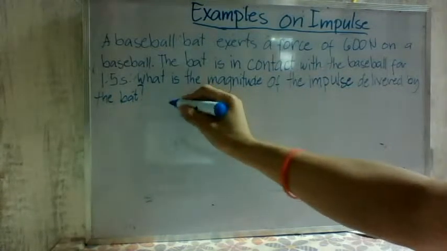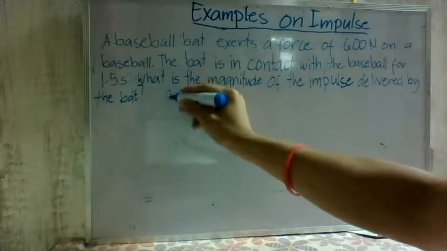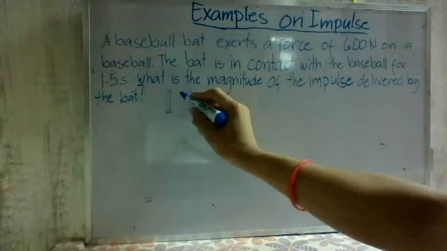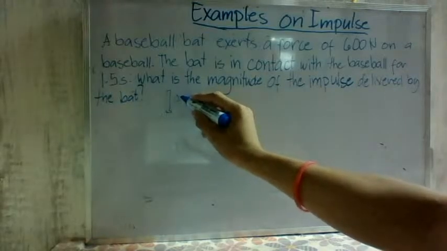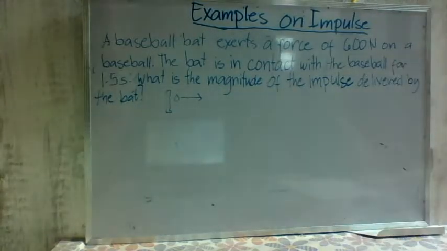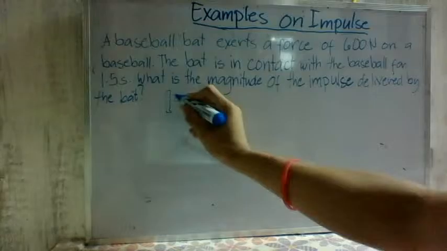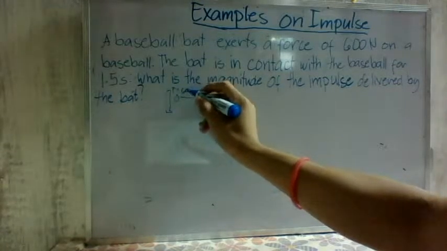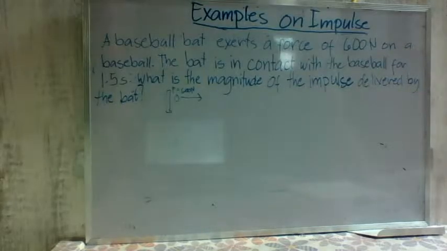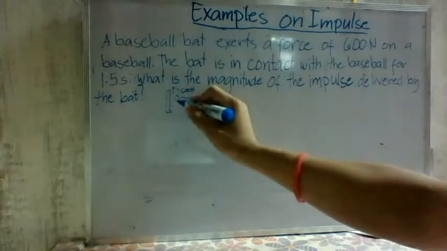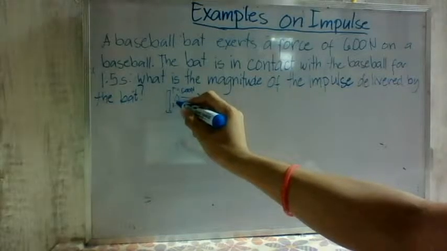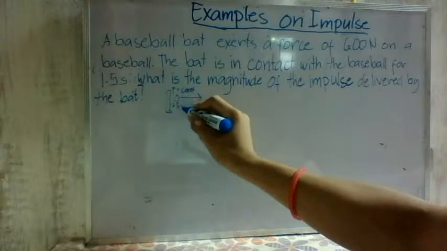So, natay bat, baseball bat, nga batiran ang bola. So, ang force nga gi-apply sa bat is 600 Newton. So, nagdugay ang pagbunal sa bat sa bola og 1.5 seconds.